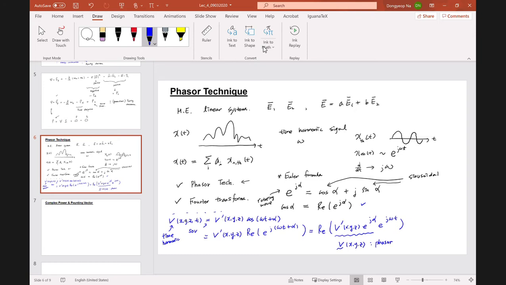Then we can represent any real valued time harmonic V signal as the real part of the multiplication of the phasor and its rotating wave term.